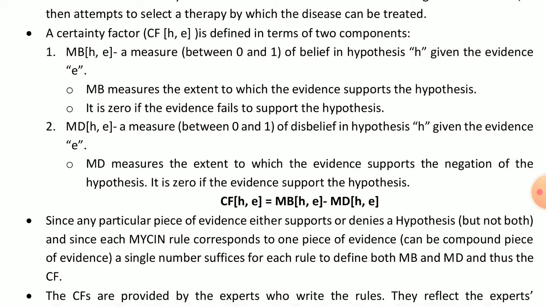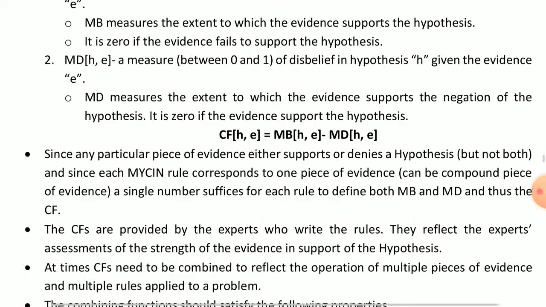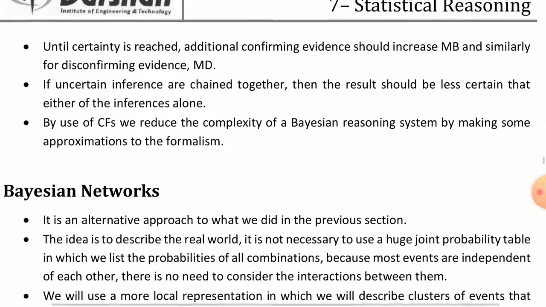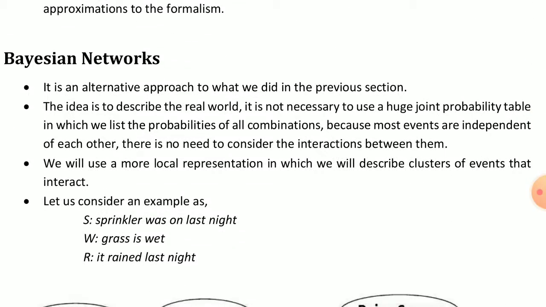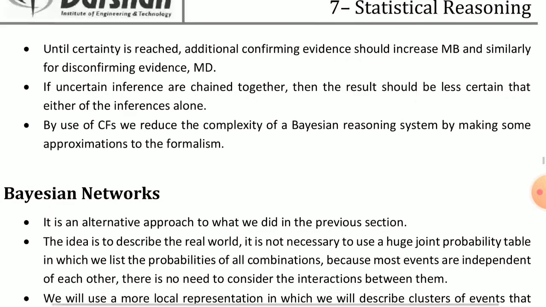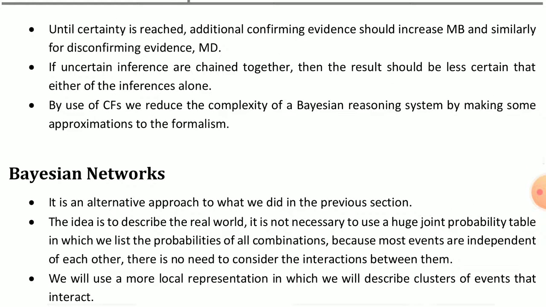So we derived one equation for certainty factor. Then some explanations are given. Now, the next topic is Bayesian network. I will explain this topic in the next video lecture.